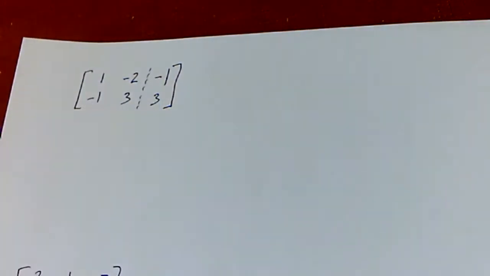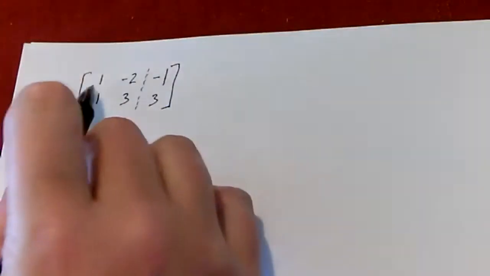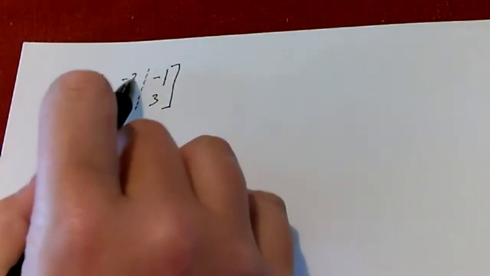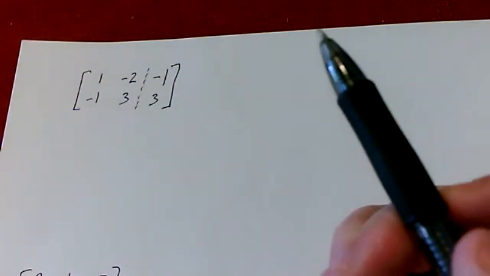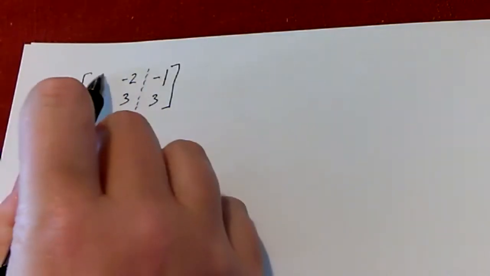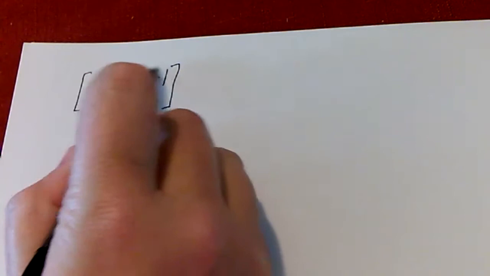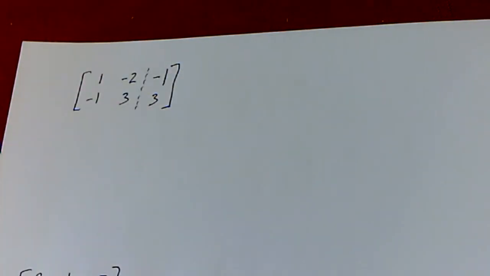So this dashed line helps represent my equal sign. It can kind of help keep you grounded if you need it, but it's typically not seen in the matrix. When you type answers in MyMathLab, you will not be putting that dashed line in there, but sometimes it helps to keep things straight. I know this is x1's column and x2's column, and then my constant column on the other side of the equal sign.